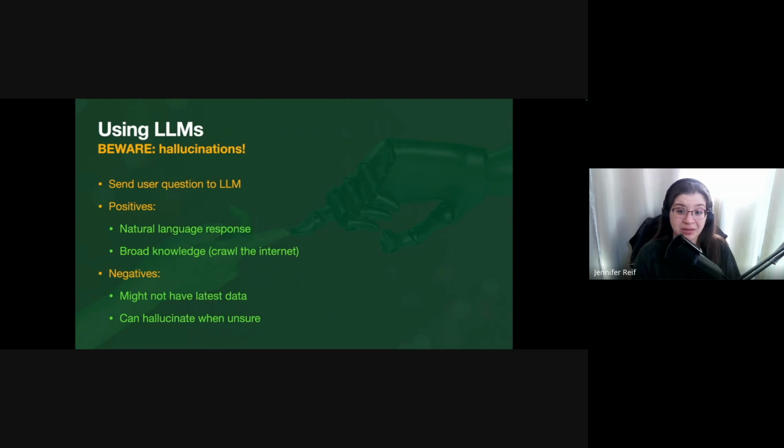So the good thing about this is you get a very natural language response. There's a lot of broad knowledge because they crawl the internet, and they're trained on tons and tons and tons of data. I watched a really excellent video yesterday morning talking about how LLMs are structured, and there's a variety of different models based on how many billions of features they're trained on.